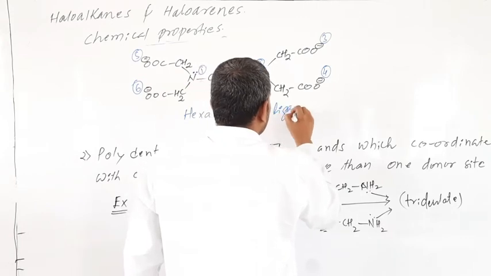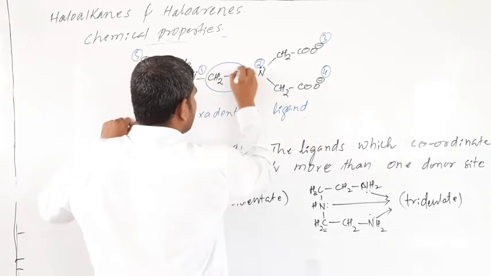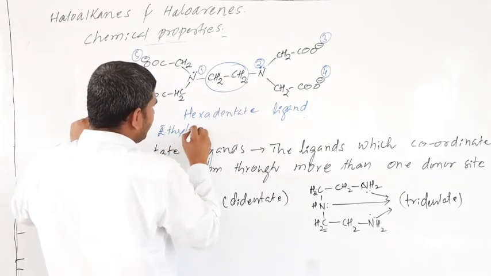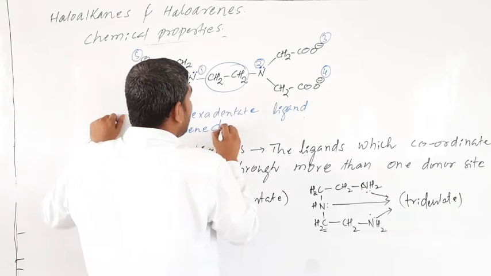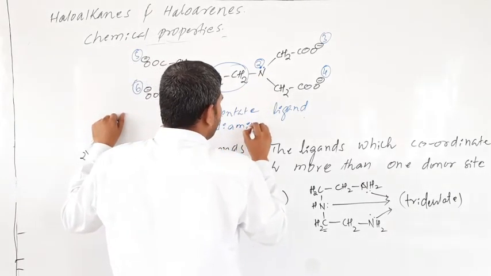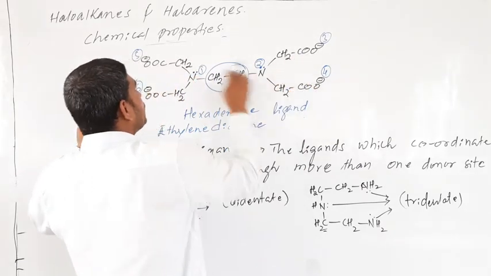Hexadentate ligand. What is the name of this one? Listen. Ethylene diamine. How many nitrogens? 2. These are known as acetate groups. How many acetate groups? 1, 2, 3, 4.